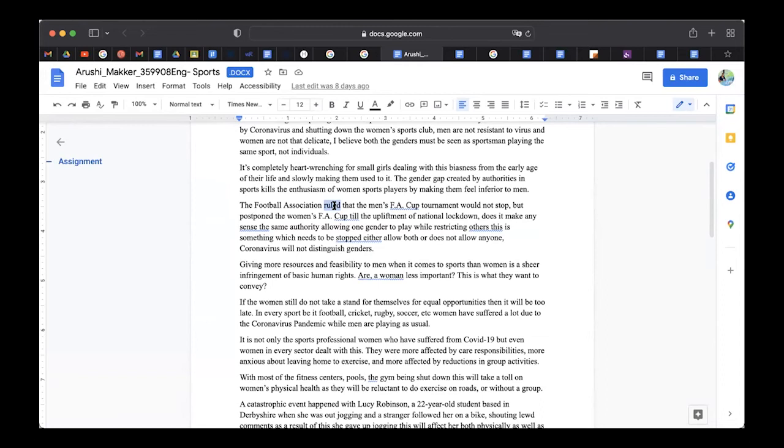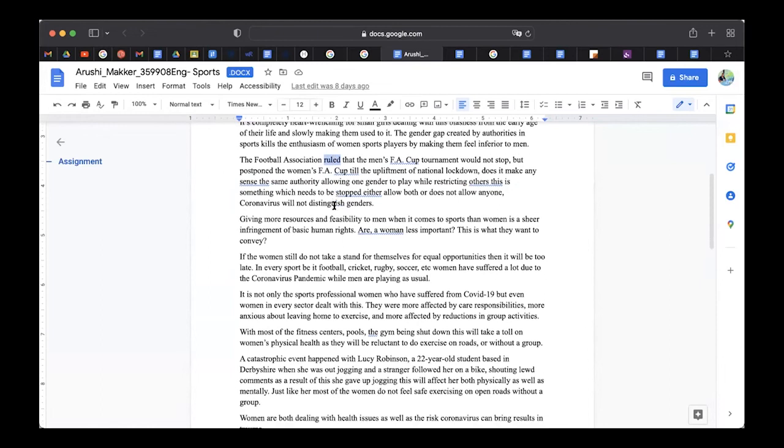Either allow both or do not allow any. Full stop again. Coronavirus will not distinguish between the genders, it's between the gender.